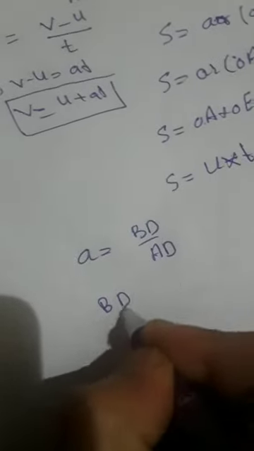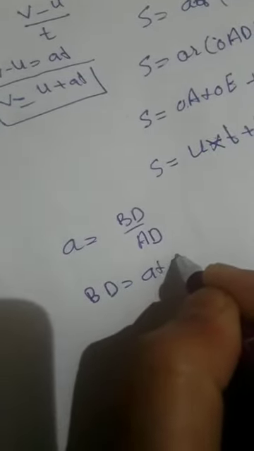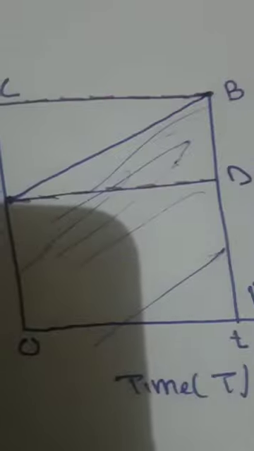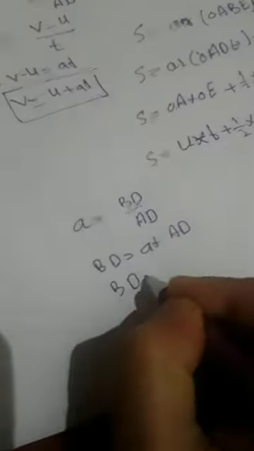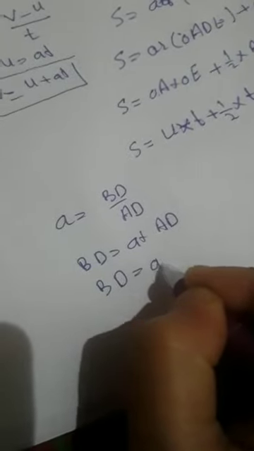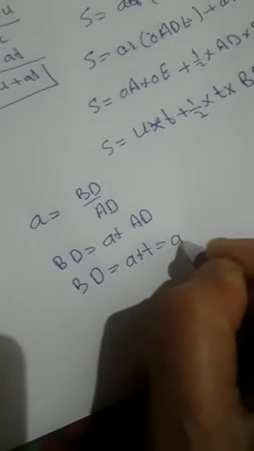Or we can write here BD is equal to A into AD. You know that AD, from A to D, what is this distance? This is time. 0 to T is time. 0 to E is equal to AD is equal to time. So BD is equal to A into T. BD is equal to what? AT.